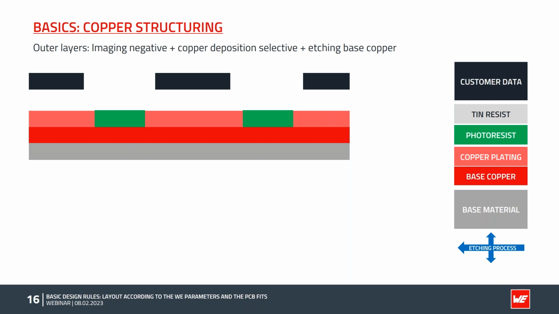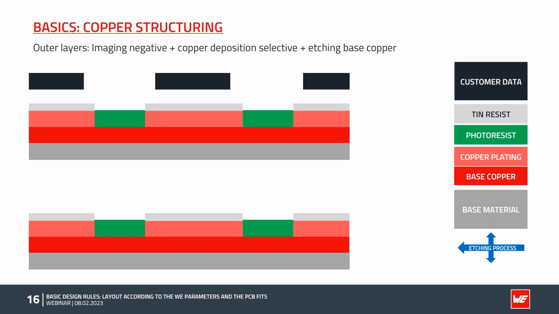And the last step is we have to protect the newly plated copper with a metallic resist. It's a tin resist, you can see in light gray. The next step is then to remove the photoresist, the green areas here. So now we have exposed base copper for the etching process.